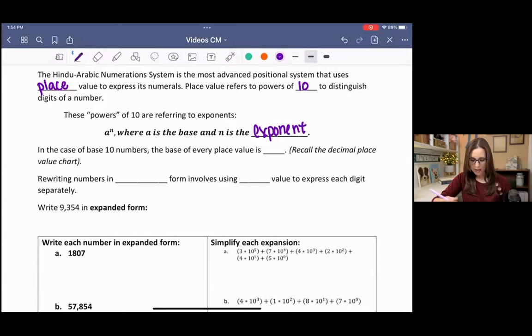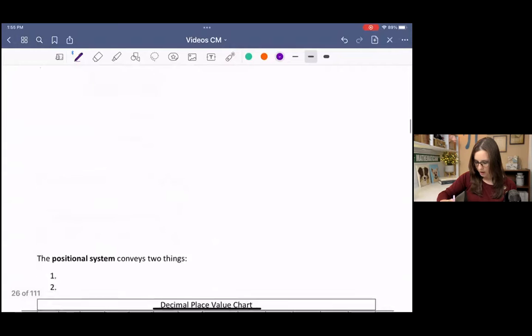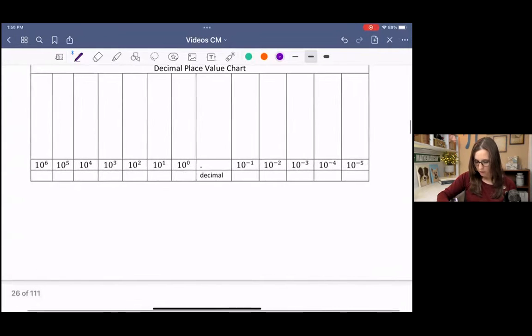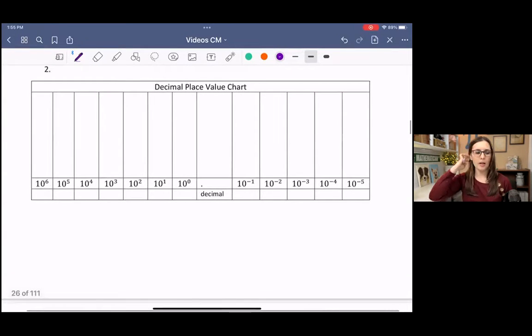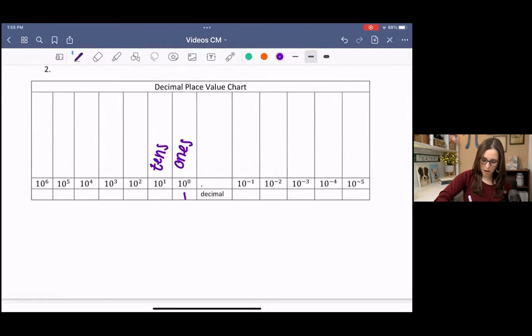In the case of base 10 numbers, the base of every place value is 10. And I have a little diagram down here of place value, and I have it written out as powers of 10 so you can see what I'm talking about here. 10 to the 0, anything to the 0, but 10 to the 0 is 1. So this is referring to the ones position. 10 to the first is the tens position, hundreds, and so on.